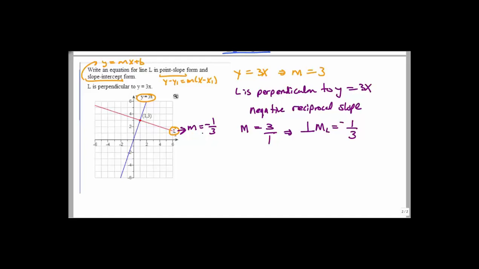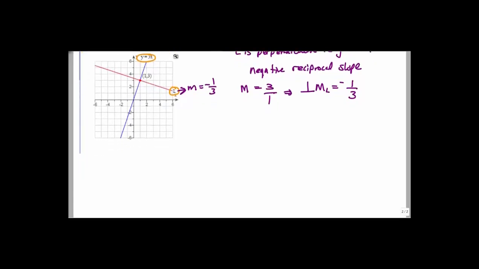Now, remember on our last one, the y-intercept was really easy to see. But for this one, the y-intercept is between 3 and 4. I can't really get any closer than that. So I'm going to have to really work this one through. So let's go ahead and find the point-slope form of the equation. We'll start with the general point-slope form, and then we'll populate this equation.